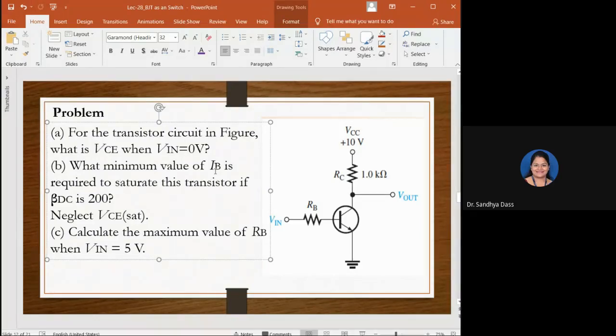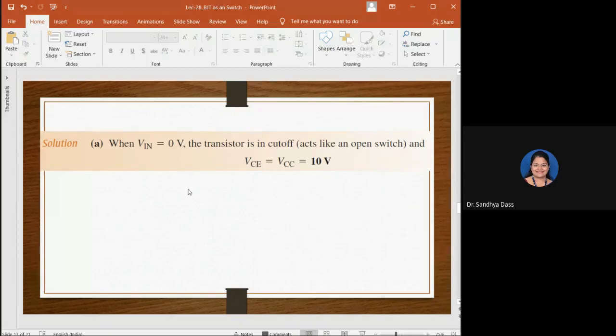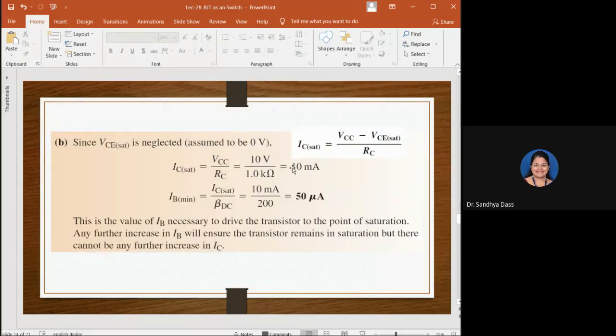Yes, first find IC SAT. Exactly correct. To have this expression, IB minimum is equal to IC SAT by beta DC. First we have to find IC SAT, for which we have the expression. Always try to give the answer in milli or micro.